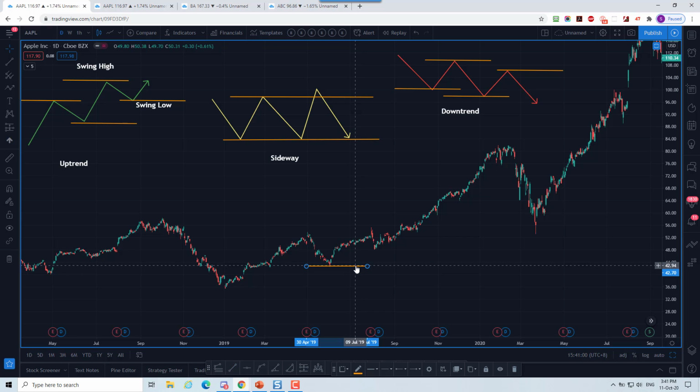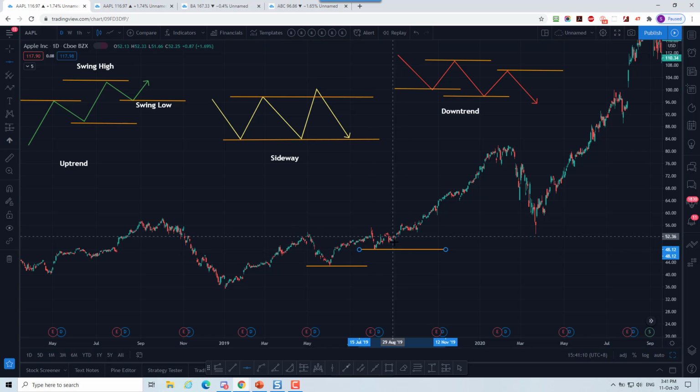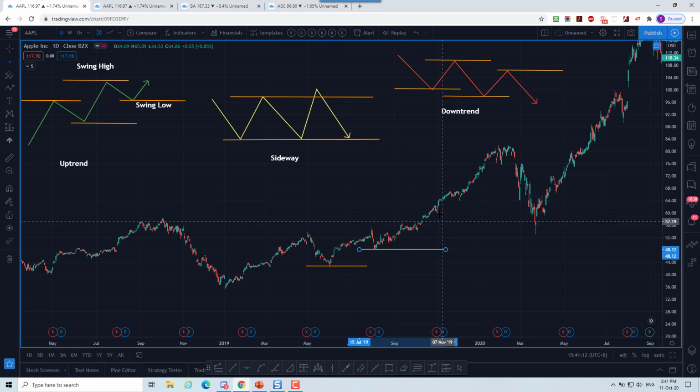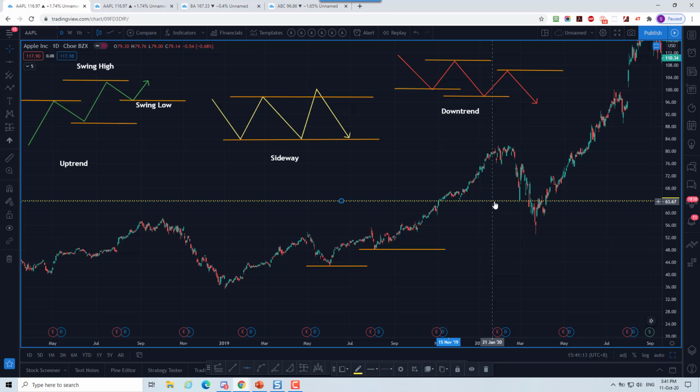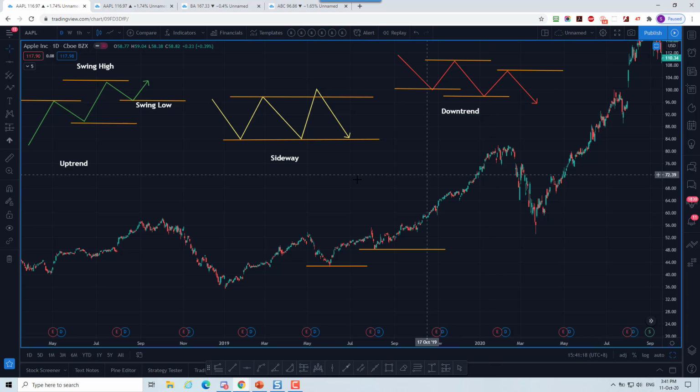Okay, same goes with here. This is also our support line. There's a small minor support, so I will look at that. Maybe this one is a support line as well. This one.